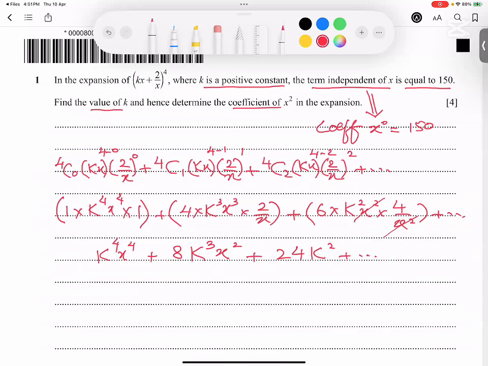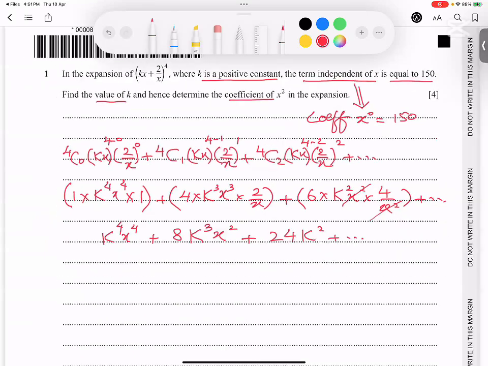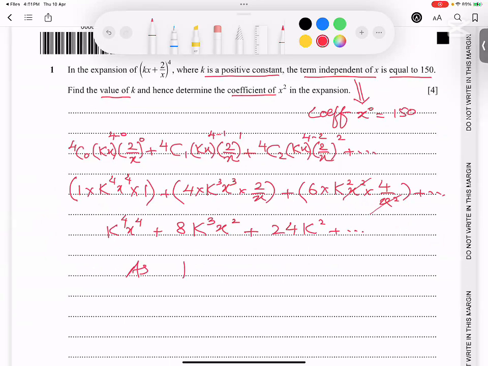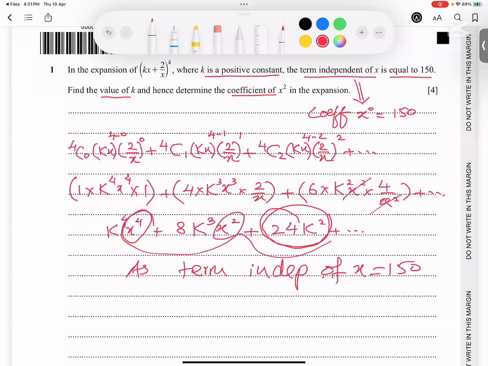According to the situation, he said the term independent of x is 150. So I will take this one. Look here, x to the 4, x squared, but it has no x. So it means 24k to power 2 equals 150.